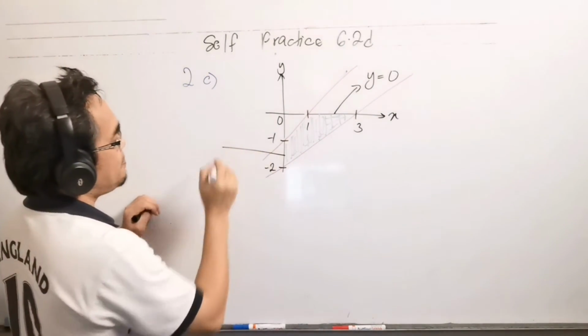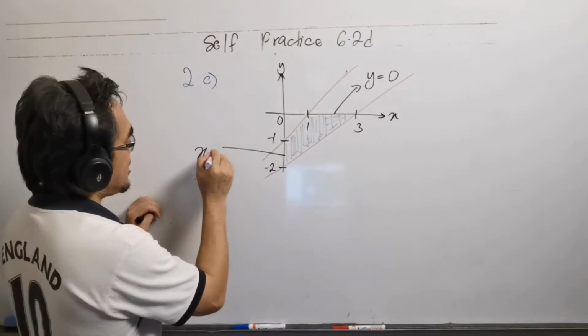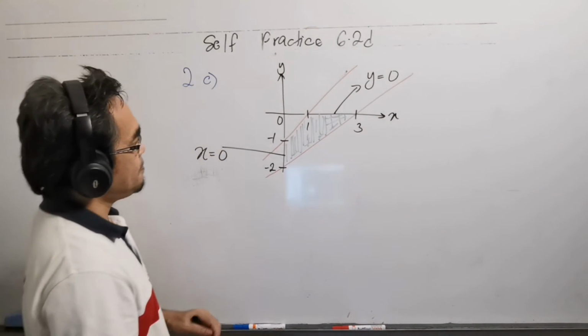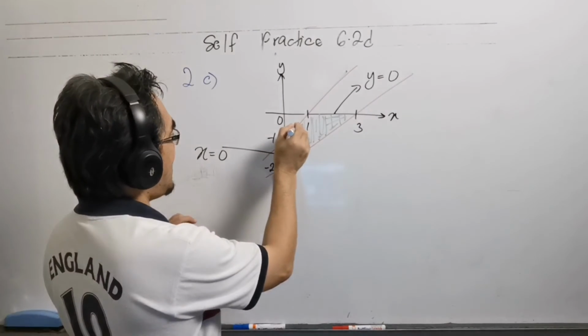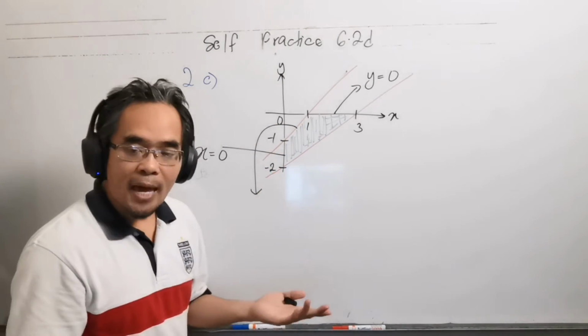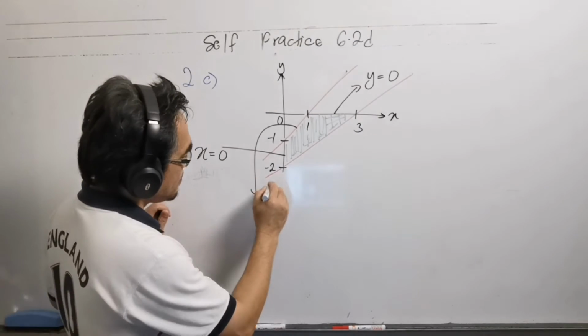This one will be x equals 0. And then I'm doing this line. This should be y equals mx plus c.